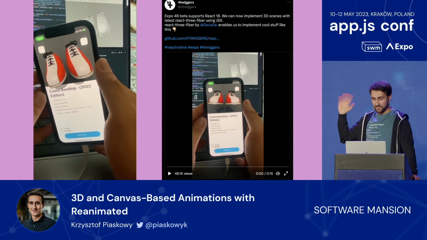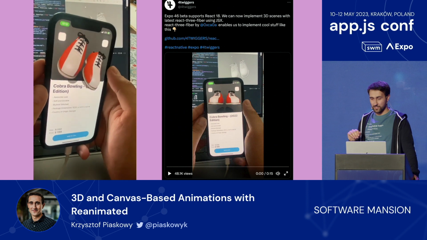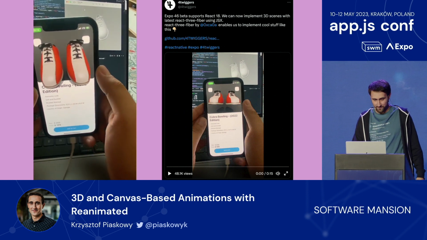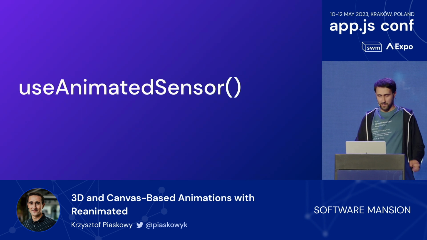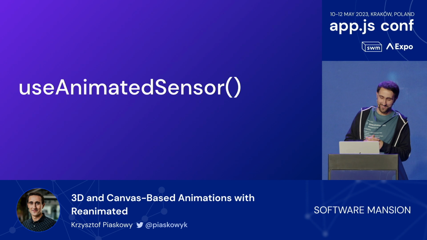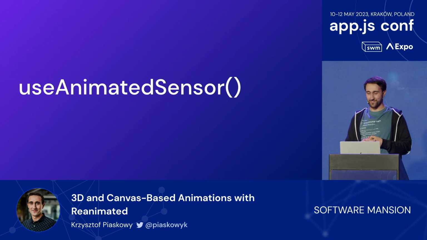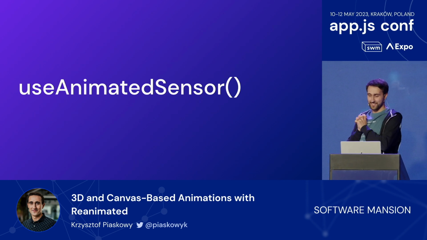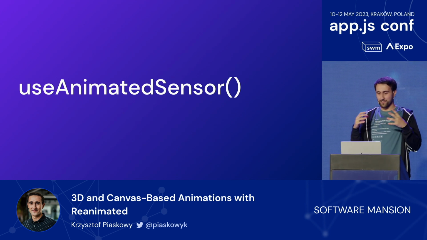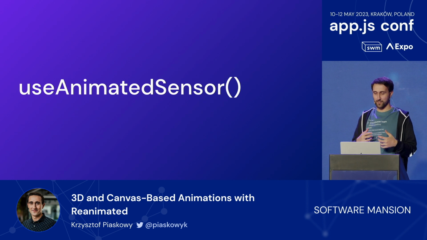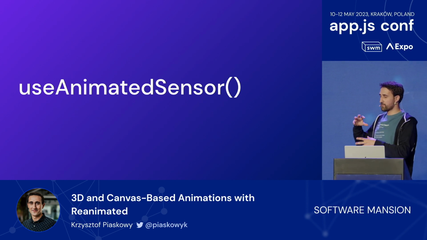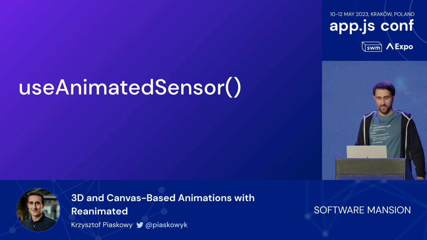So this example uses the useAnimatedSensor hook from Reanimated. Taking the opportunity, I need to tell you something more about Reanimated. I would like to show you a few great examples of using this hook. It may enrich the user experience of your app and allow you to create a 3D movement illusion.